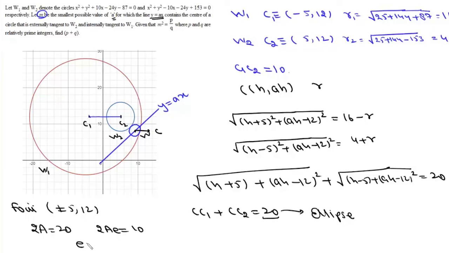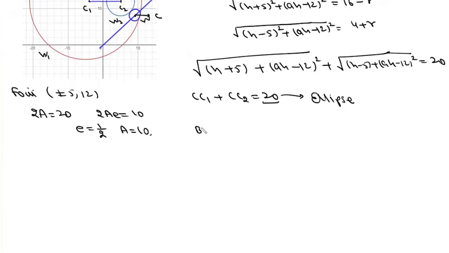So from here we'll get the value of e as 1 by 2 and the value of a as 10, and b square is a square into 1 minus e square, and that will be 100 times 1 minus 1 by 4, and that should be 75.